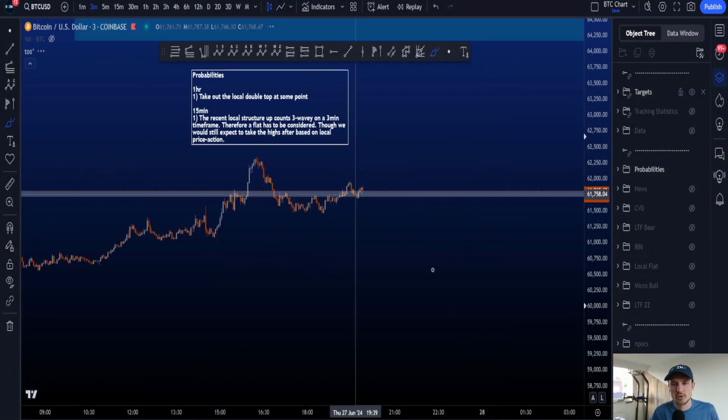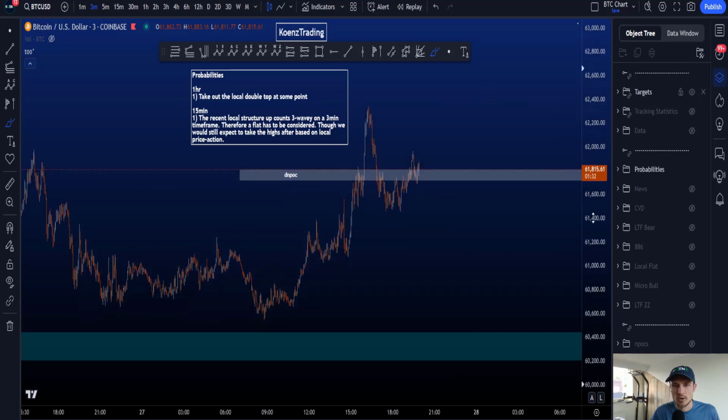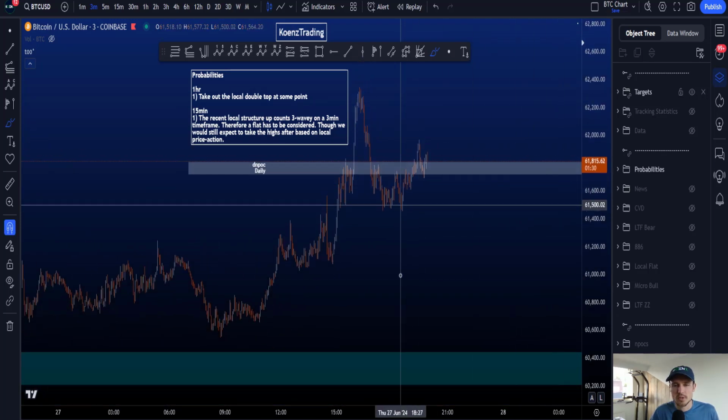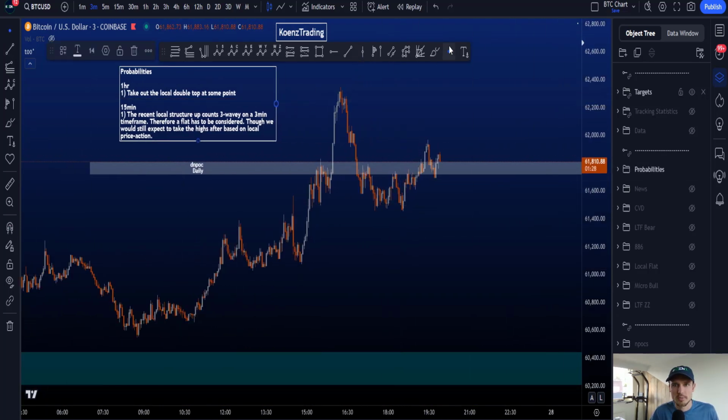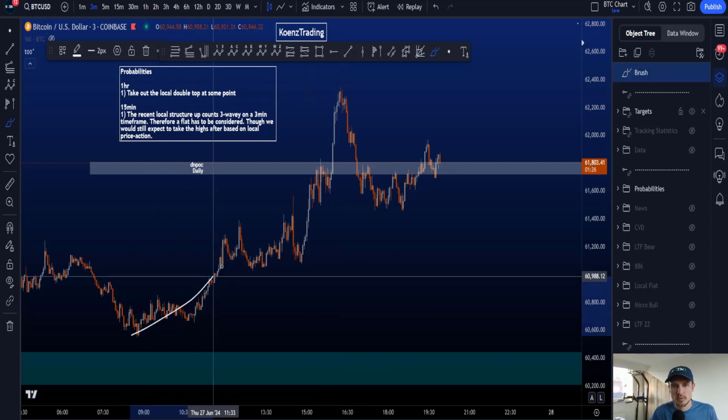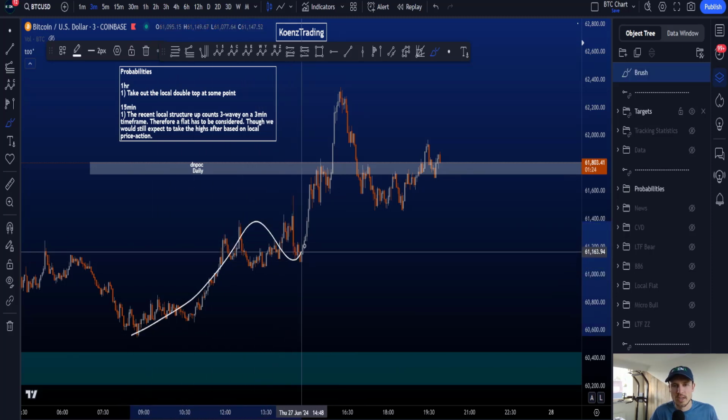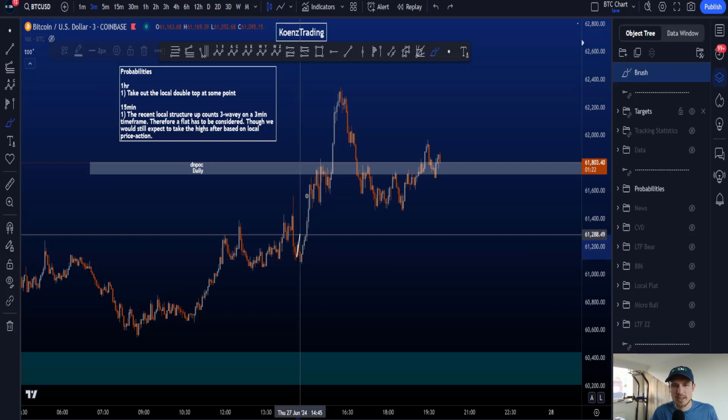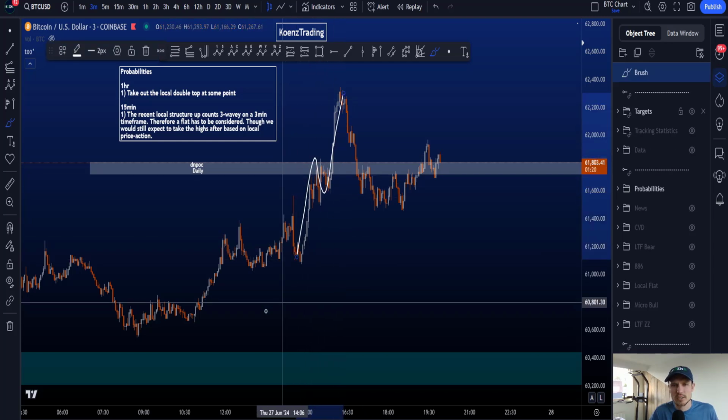And I quickly want to show you what I mean on the 3-minute time frame, because what you can see here is that price moved towards the upside, started ranging, and then moved to the upside once again. But look at the 3-wave structure here towards the upside.